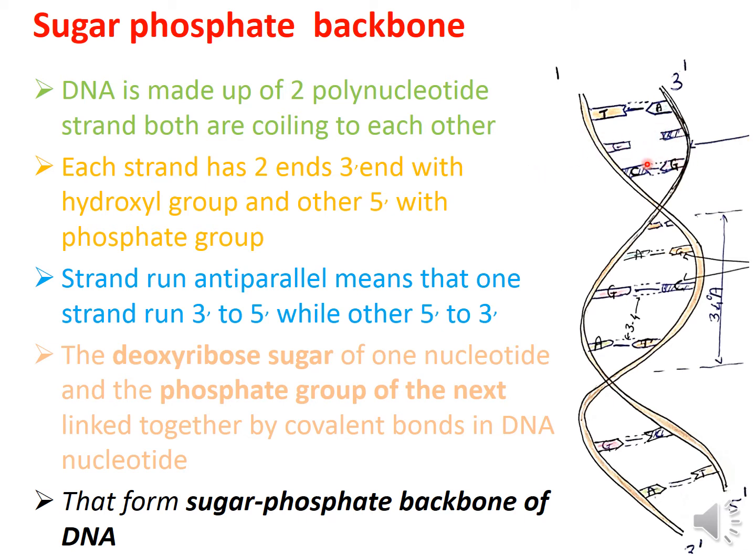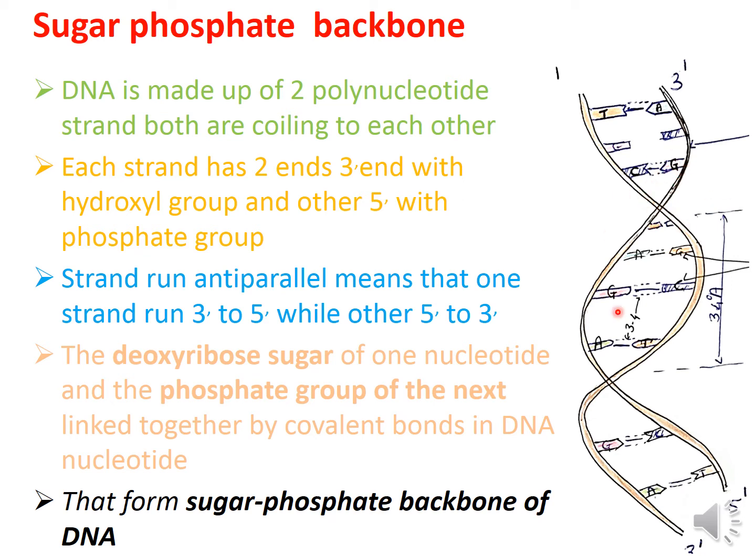That bond may alternate, the phosphate of the second and the sugar of the first, or sometimes the phosphate from the first chain and the sugar from the second, and they form a backbone. That backbone is known as the sugar phosphate backbone, which is very important to give shape to DNA.